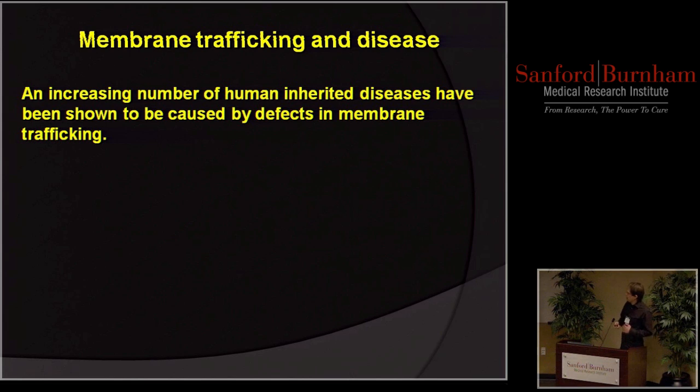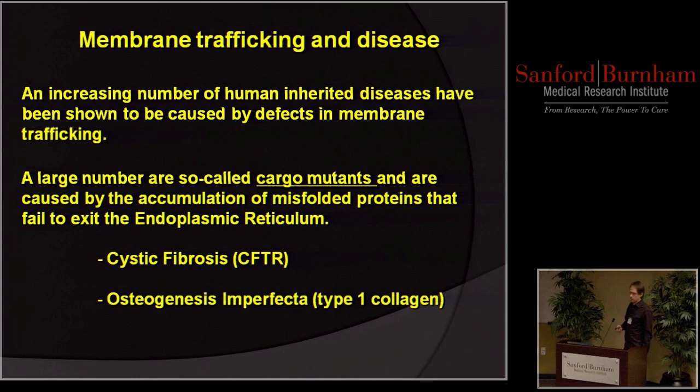Now, in the last decade, an increasing number of human inherited diseases have been shown to be caused by defects in this process of membrane trafficking. A very large number of these are what can be called cargo mutants. They're caused by mutations in a certain protein that lead to misfolding of this protein and to its retention in the endoplasmic reticulum, as the previous speaker has already mentioned.